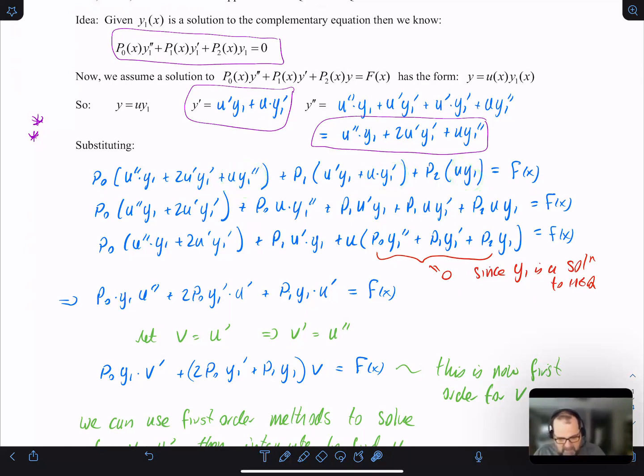If I peel those off, and leave everything else behind, then this is what gets left behind. P0 times this stuff, and then we would have P0 times this guy here, and then P1 times this guy, and P2 times this remains the way it is.